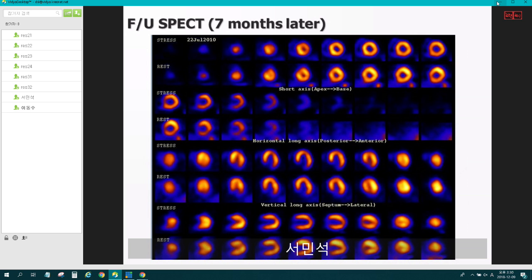Johns Hopkins ones. You know, they have been interested for the last 25 years in their performances. At Johns Hopkins, only 2 or 3% of the coronary artery bypass surgery cases are requested for follow-up SPECT.